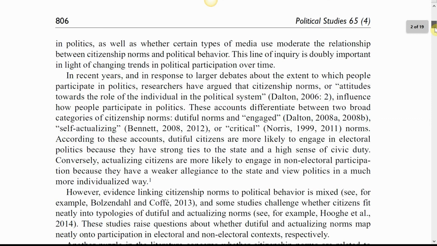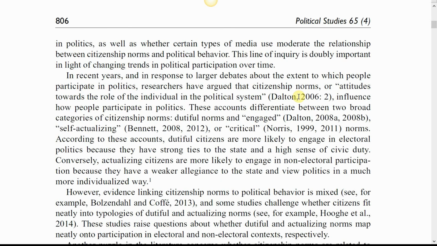Before they even get to the formal literature review, they make clear for us that the literature has already established this idea of citizenship norms, and more specifically that there are two types. So the Dalton 2006 is the citation on which they rest the idea that there are citizenship norms.